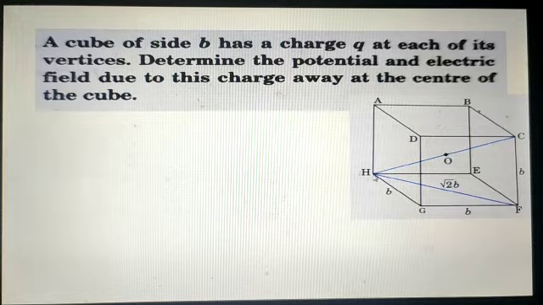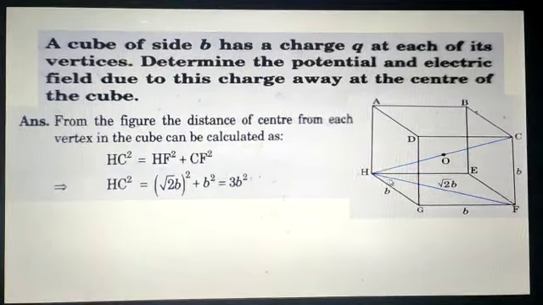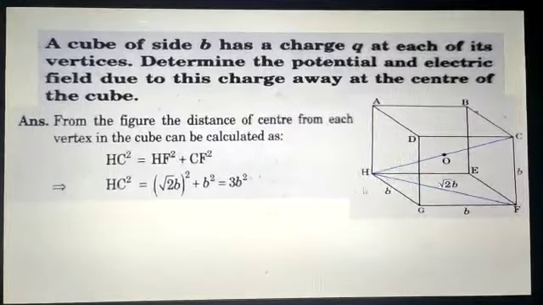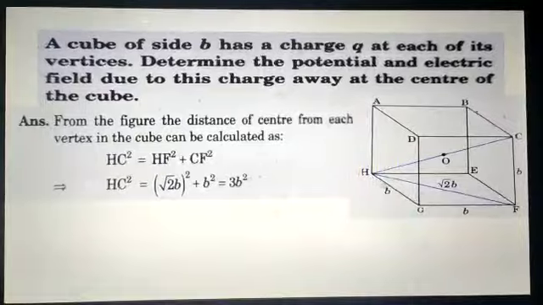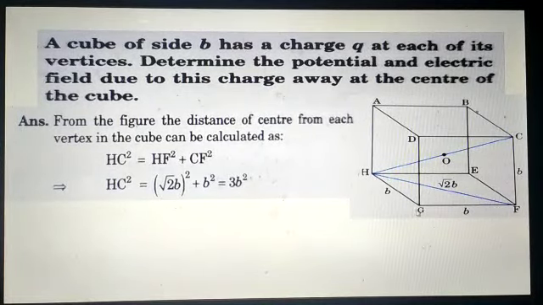So when we consider HC, we have a right angle triangle HFC, where HC square will be given by HF square plus CF square, according to Pythagoras theorem. Now this HF can also be calculated using the Pythagoras theorem, where the triangle HGF is a right angle triangle, with G being the right angle.